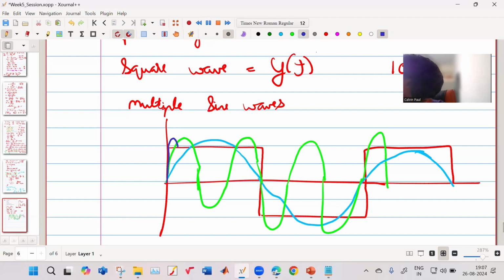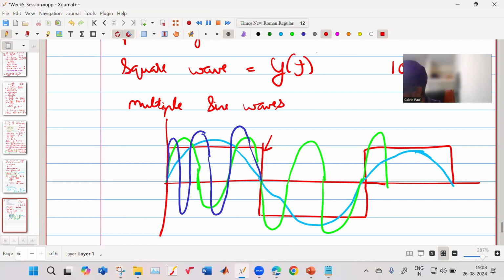So that would be something like this. Something like this. Okay, it's not to the scale, but it is something similar. So what he's saying is, if I add multiple sine waves, I can effectively get my square wave. My drawing is not that great, but you can get the understanding. I can represent a square wave using multiple sine waves.